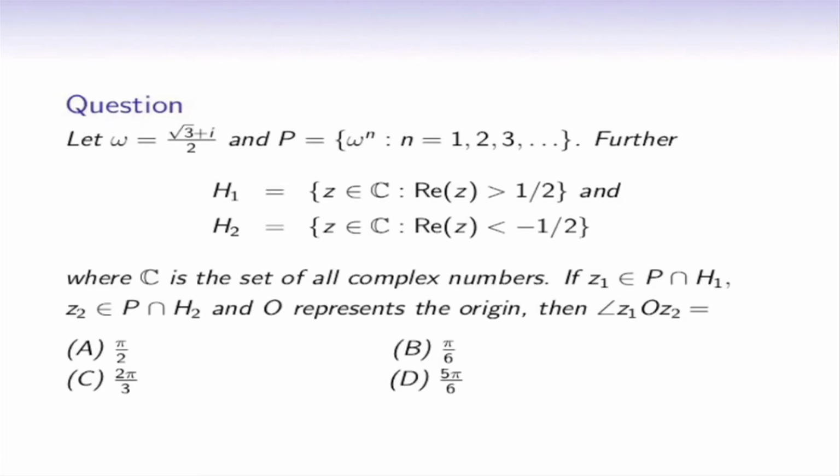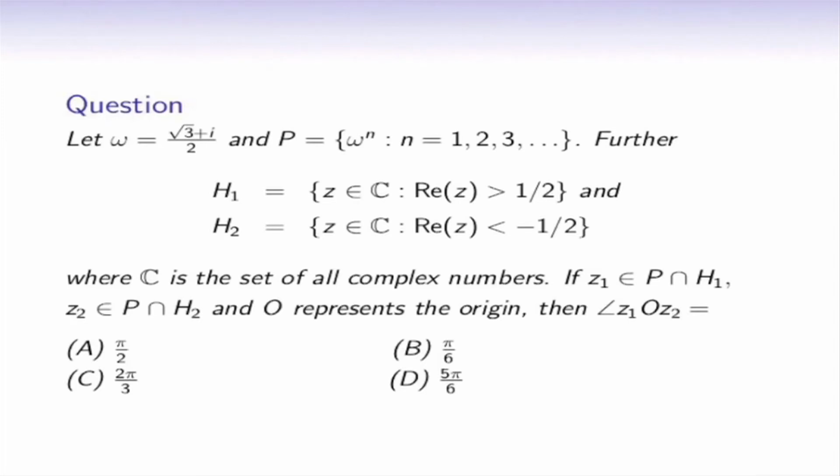Further, we are given two sets H1 and H2 which are defined as follows. The set H1 consists of all complex numbers whose real part is strictly greater than half, whereas the set H2 consists of all complex numbers whose real part is strictly less than minus half.